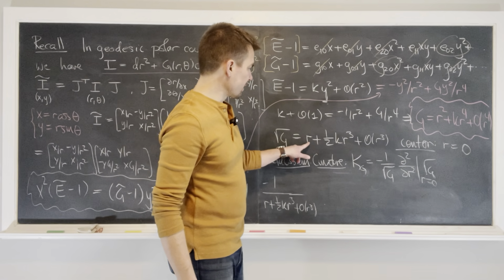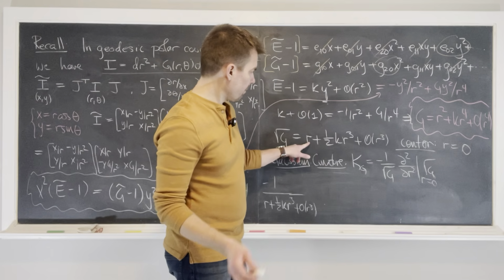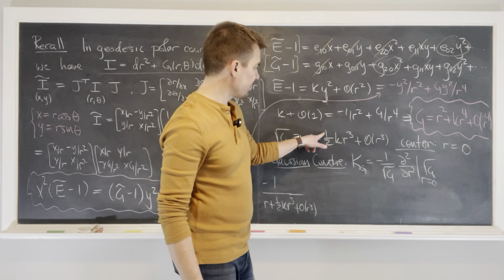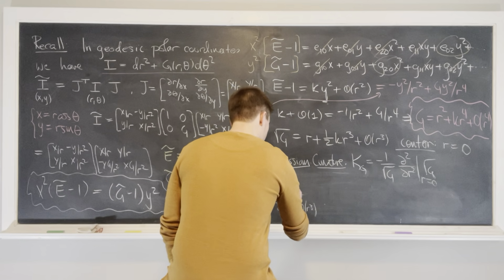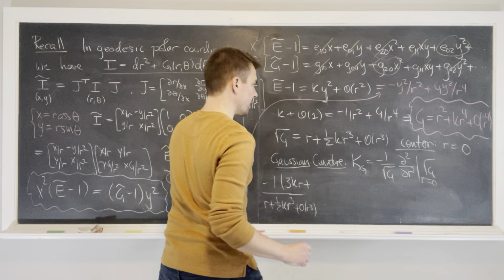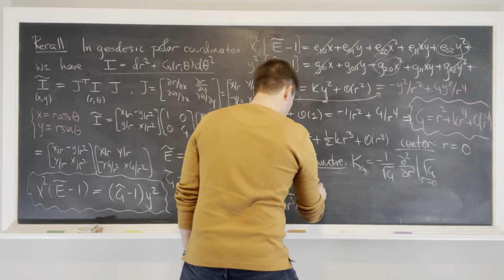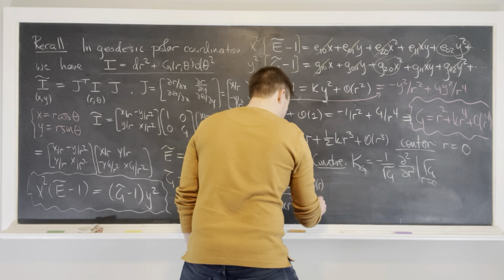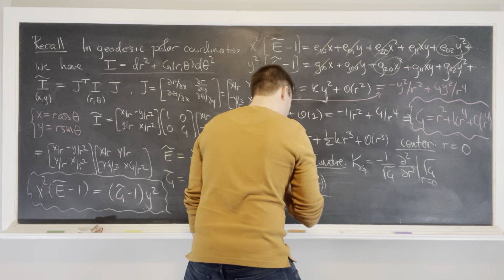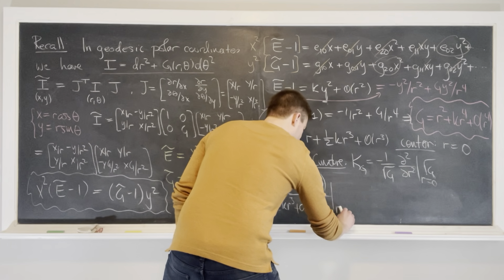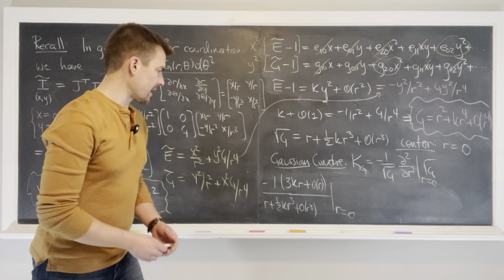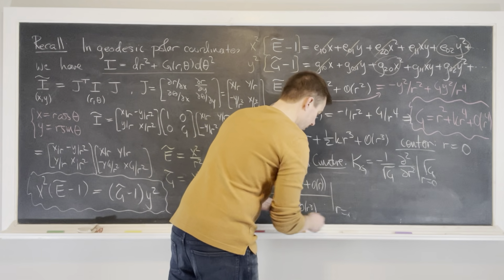The second derivative of r is going to be 0. The second derivative of this thing is going to be what? It's going to be a 3/2 and then a 3, so this is going to be a 3kr plus, two derivatives of this gives me little o of r. And I'm evaluating this at r equals 0, which means that we're taking a limit over here.